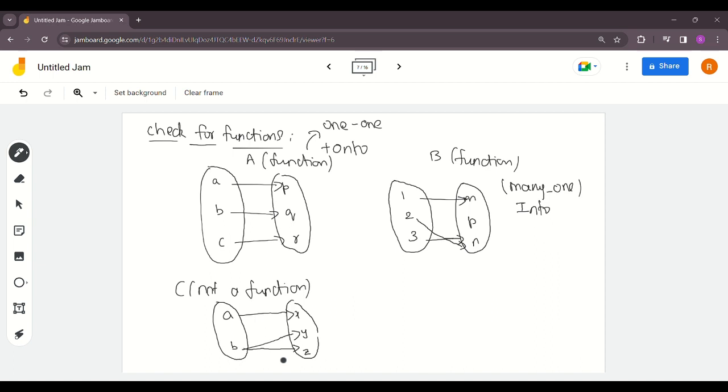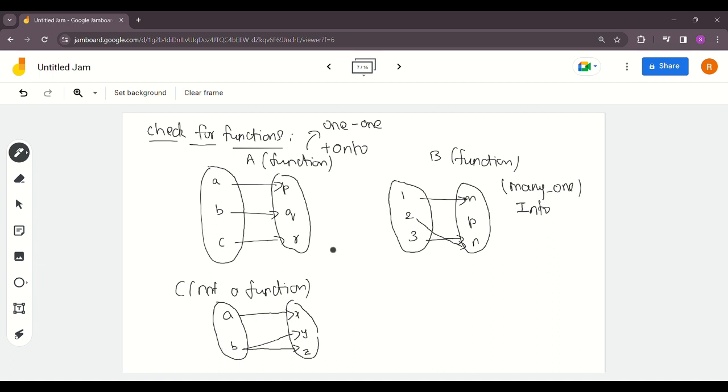Mathematics one teacher will take, physics another teacher will take. But here what we are supposed to analyze is a single subject. For a single subject, two different teachers are not possible, at least in a school. So case C is not a function because of that.